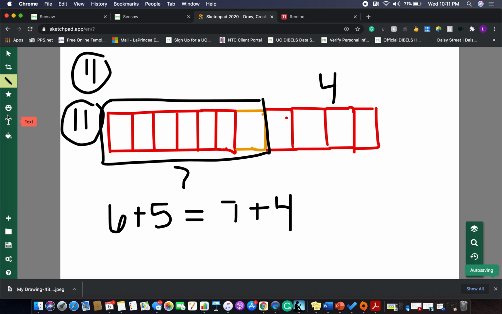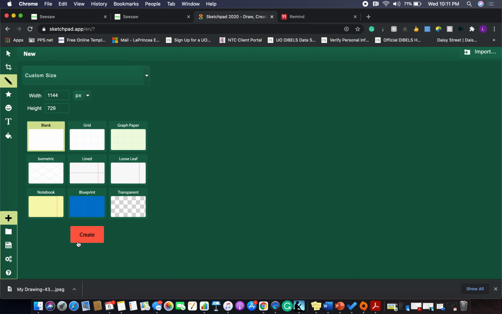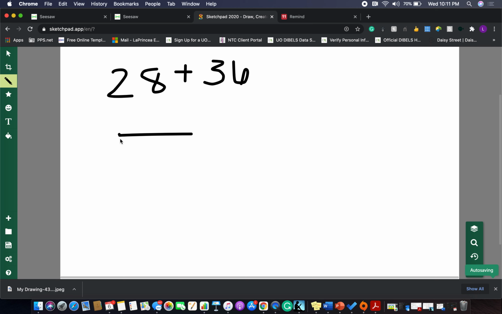We can also do this using larger numbers. So I want you to draw a tape diagram, and actually just write an addition equation first. I want you to write 28 plus 36. Now I'm going to draw a tape diagram. One of them is going to have the number 28 in it.